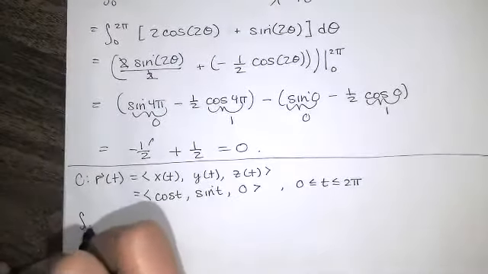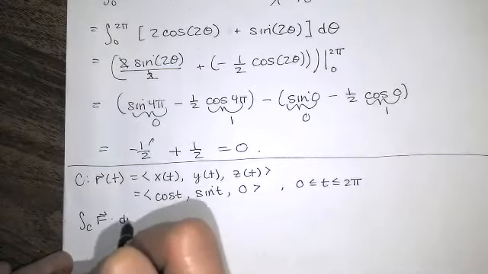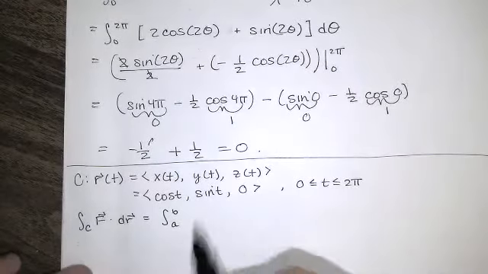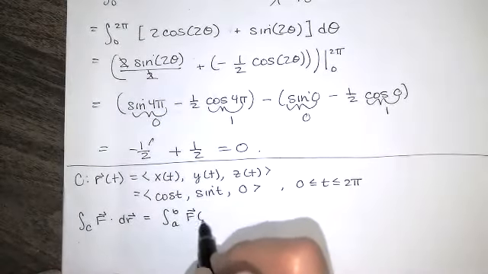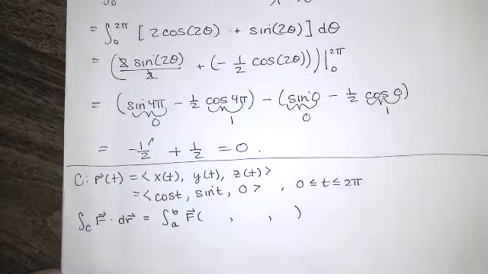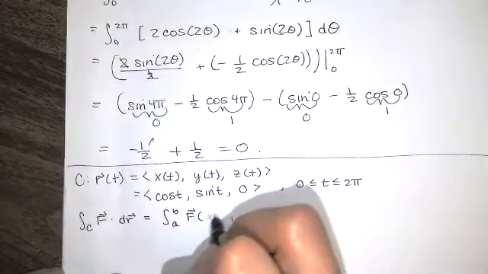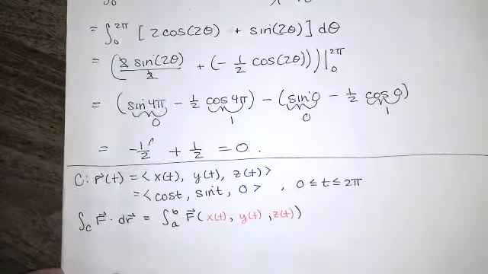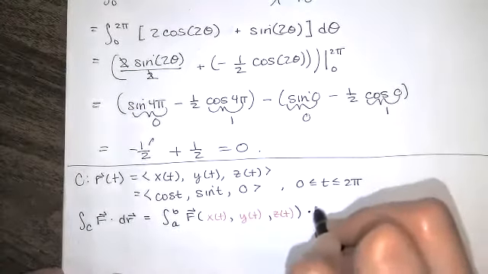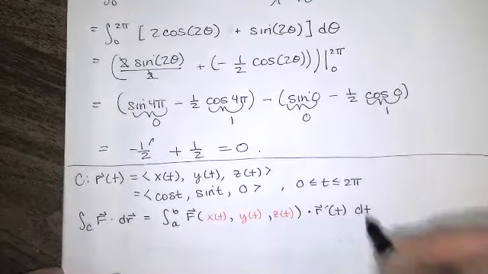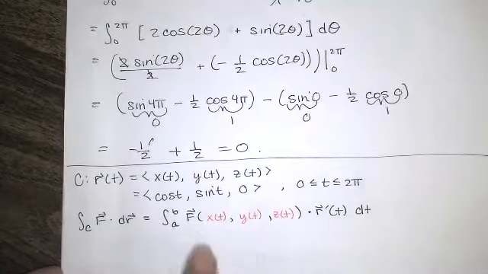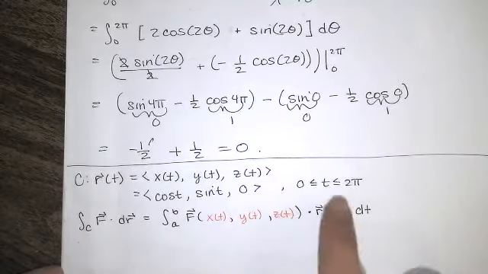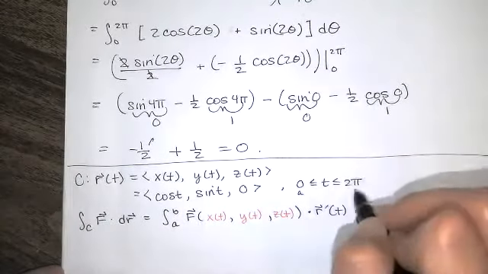Now, if I want the line integral over C of F dotted with dr, what that is, in practice, is F evaluated at x of t, y of t, and z of t, dotted with r prime of t, and then we integrate with respect to t. So we need the field in terms of t, we need r prime, we need a dot product, and then we'll integrate from 0 to 2 pi, because that's our a and that's our b.